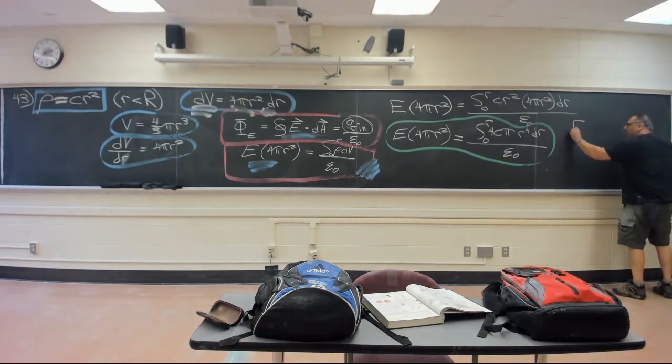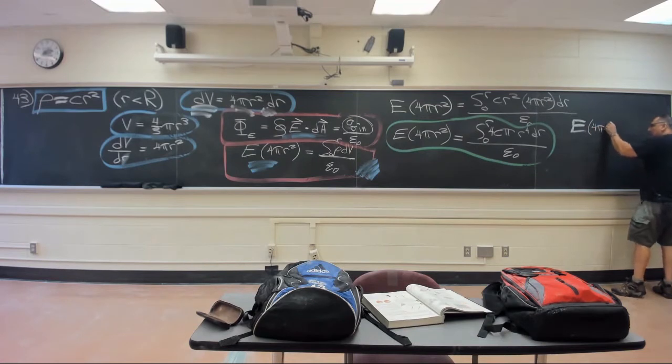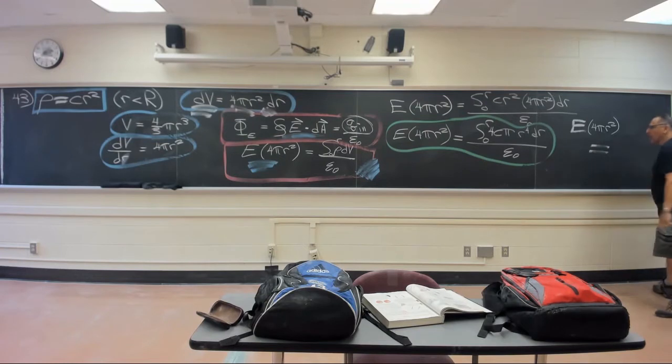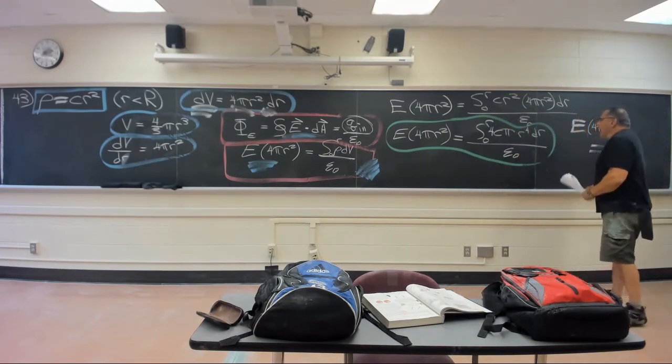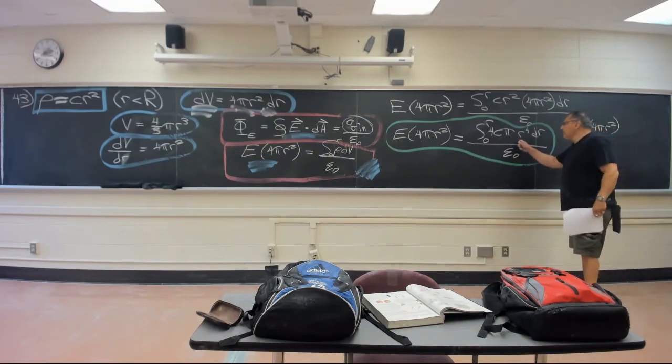Let's just keep going. E times 4 pi r squared equals, let's do it. When you do this integral, the 4, the c, the pi are all constants. Integrate r to the 4th dr, that's 1/5 r to the 5th.